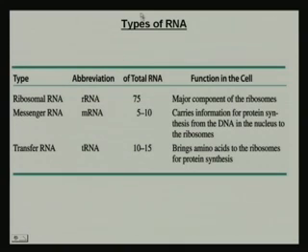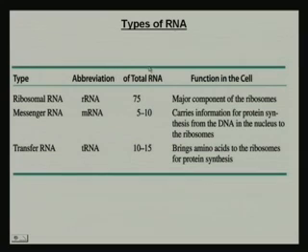Now, if we see the compositional variation of these three RNAs, ribosomal RNA or rRNA constitutes 75% of the total RNA present, whereas mRNA is 5 to 10% and tRNA is 10 to 15%.